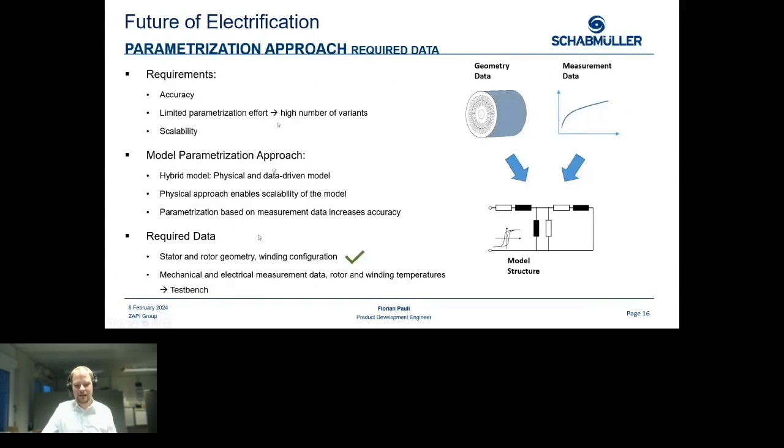The required data we need is the stator and rotor geometry and the winding configuration, which we of course have since we are building the machines. And we need mechanical and electrical measurement data, as well as rotor and winding temperatures, which we can get from our test bench measurements.